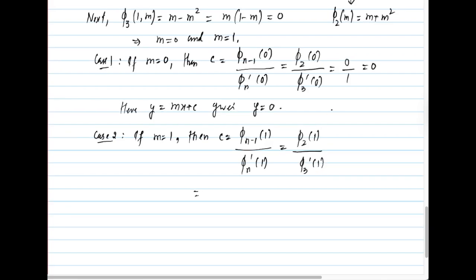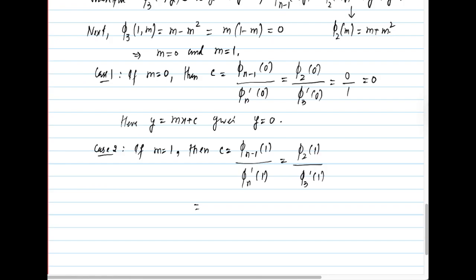Now our phi 2, we already know phi 2 is equal to m plus m square, so phi 2 of 1 will be equal to 1 plus 1 square whole divided by, now here we take the derivative of phi 3, which is equal to 1 minus 2m, तो उसमें अगर हम 1 substitute करेंगे, we get 1 minus 2. So therefore this is finally equal to minus 2.